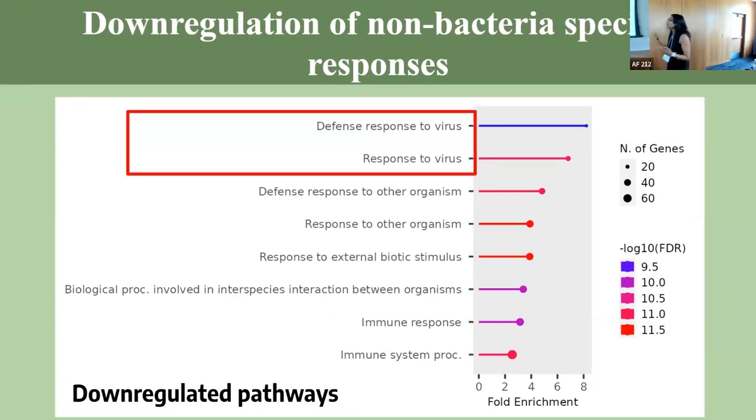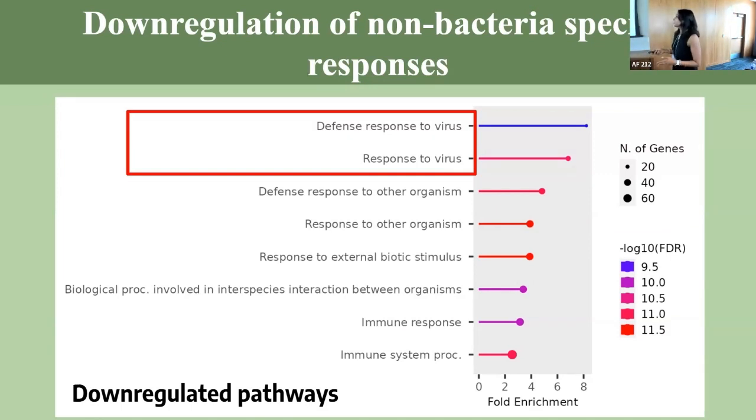So one of the main things that we took away from this is that there were a significant number of genes involved in pathways that were involved in viral defense and responses. And what this told us is that in order to have enough energy and enough resources to combat the bacterial pathogen, our bodies were reallocating resources from non-specific pathogens such as a virus and allocating them where they're more needed in order to maximize the infection response.